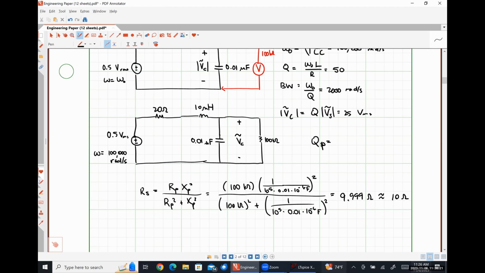Q sub P should be R P over X P, which would be 100 kiloohms divided by 1 over 10 to the 5 times 0.01 times 10 to the minus 6 farads.